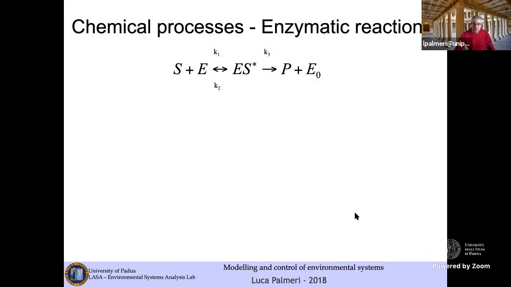In particular, we may describe enzymatic reactions with this kind of model. What are enzymatic reactions?